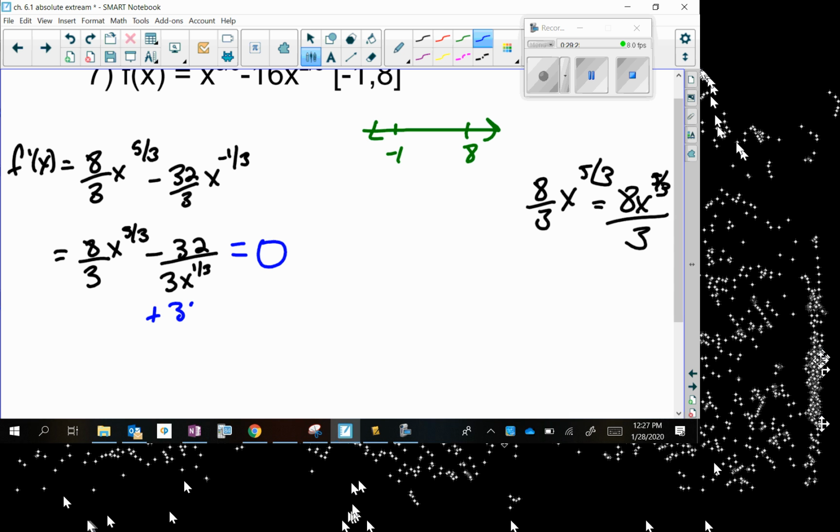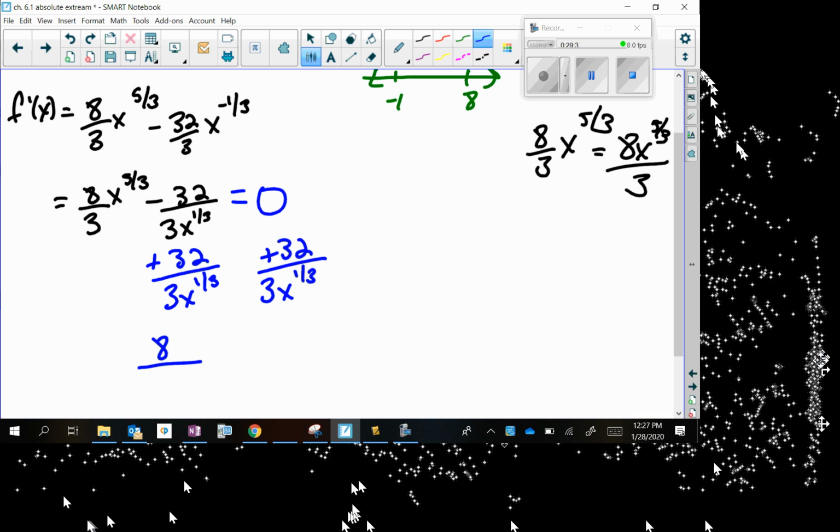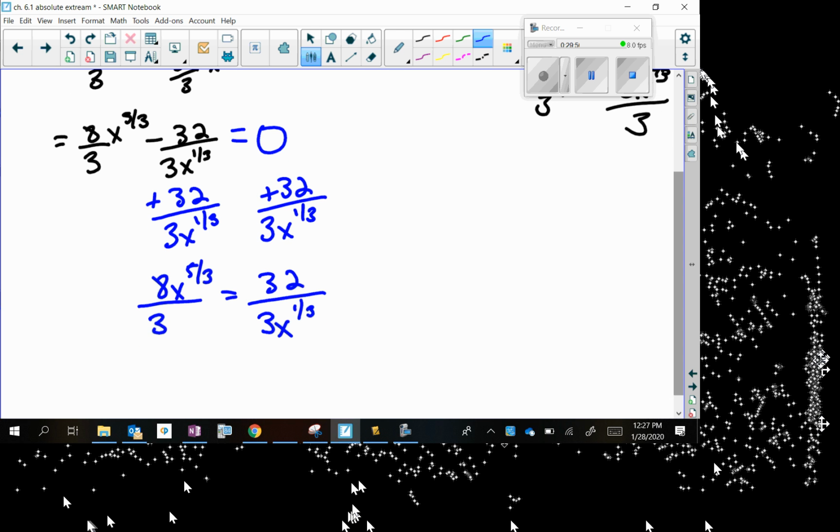So I'm going to add 32/3 x to the -1/3 to both sides. And I get 8x to the 5/3 over 3 equals 32 over 3x to the 1/3. Now, if I want to get x by itself, then I need to get rid of it down here.